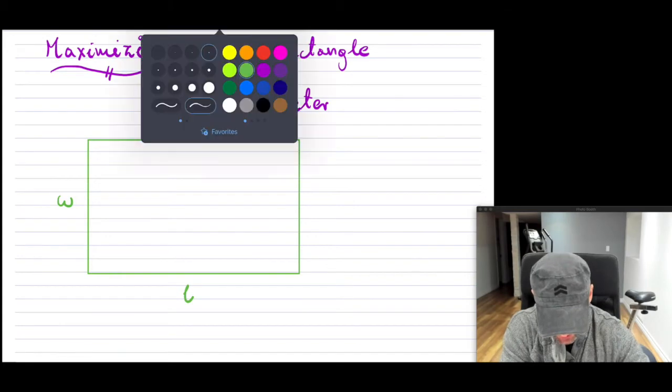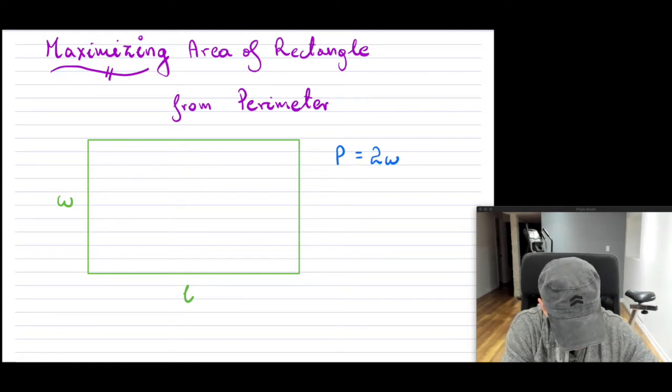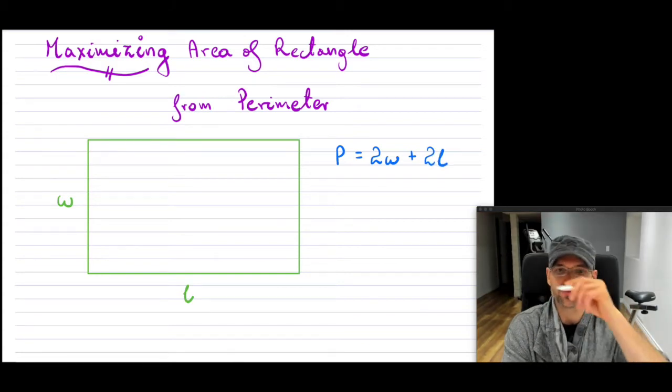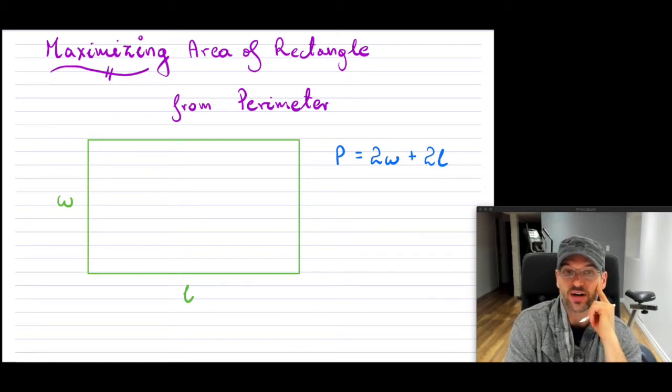So first, let's write down here, the perimeter is equal to 2 times the width plus 2 times the length, right? Because we're going all the way around. Now, if we know these two values, then we can clearly find the perimeter and we can also find the area.